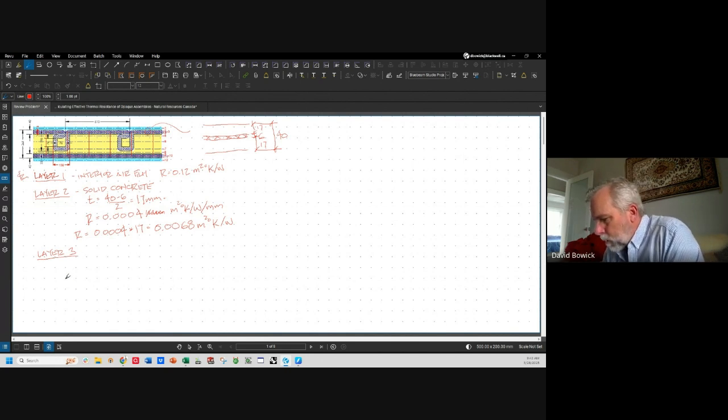Now, I'm going to draw a little elevation of the wall, because here we're cutting right through the bars. This is an elevation section. And the bars are at 400 millimeters on center.